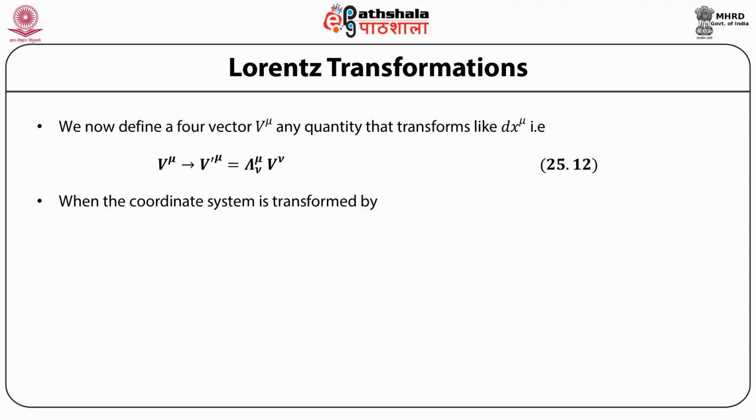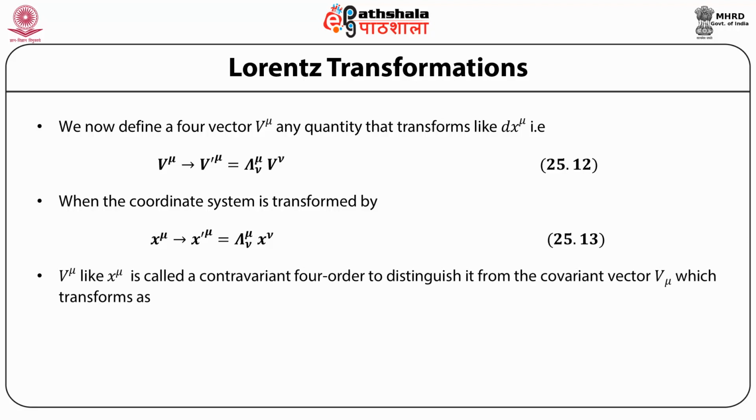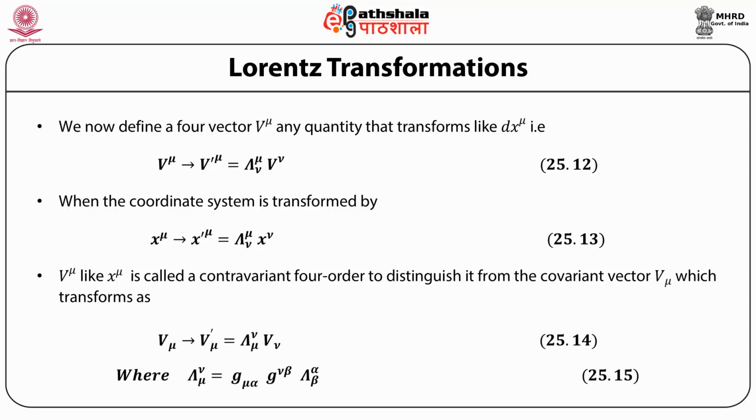When the coordinate system is transformed by x^μ going to x'^μ, which is equal to Λ^μ_ν x^ν, let us say it as equation 25.13, v^μ like x^μ is called a contravariant 4-vector, in order to distinguish it from the covariant vector v_μ, which transforms as v_μ to v'_μ, which is equal to Λ_μ^ν v_ν.